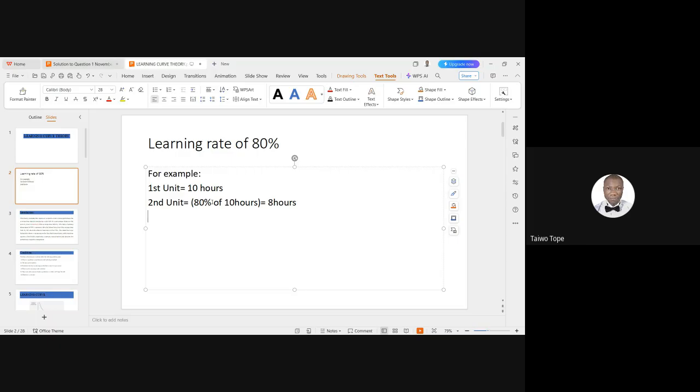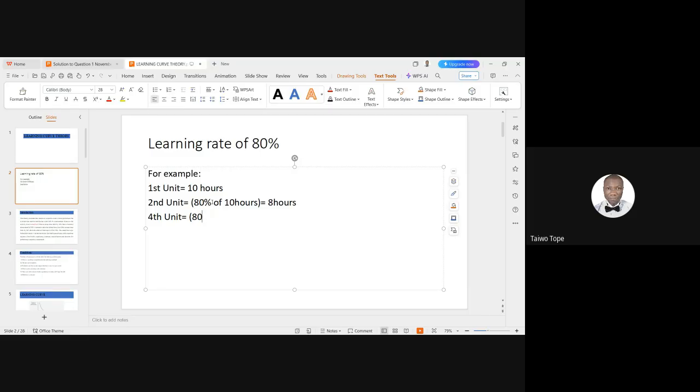Now, when you double the second unit, you're going to have the fourth unit. So what will be the effect of your learning rate on the fourth unit?